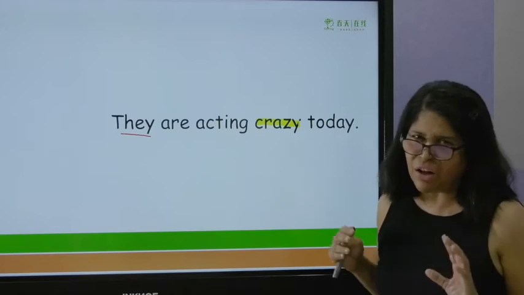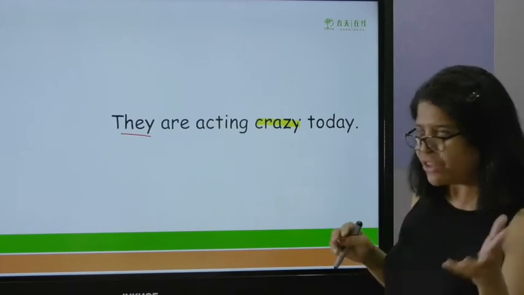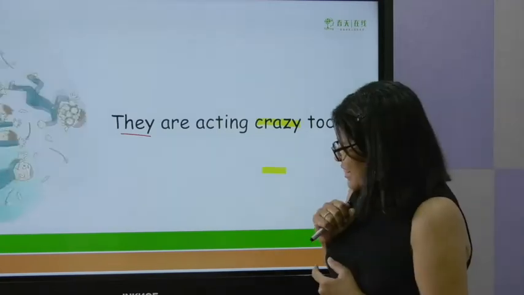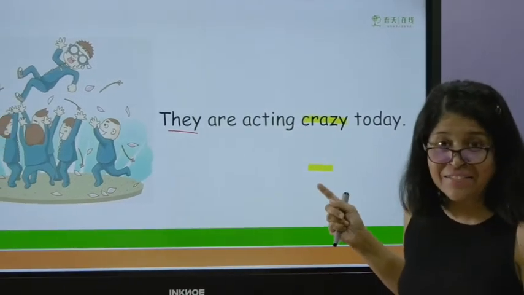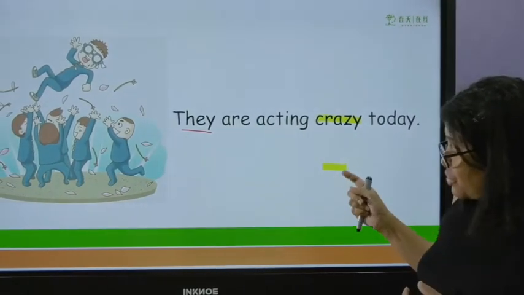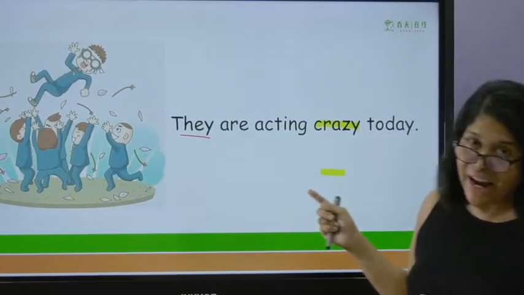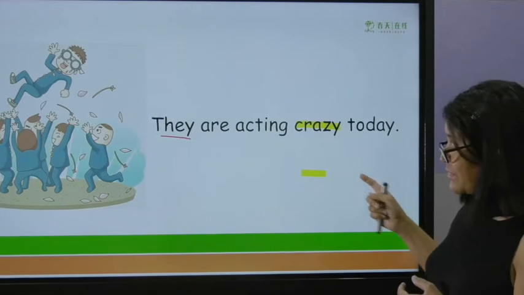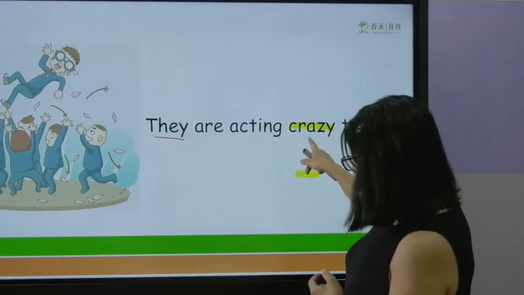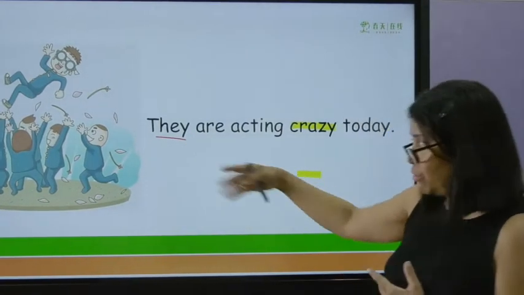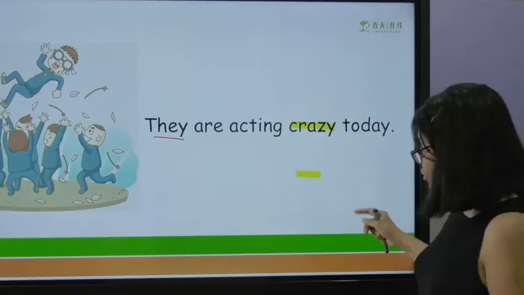All right, crazy can be a lot of things, right? But let's have a picture there to show you what it could be. There we go. Do they look like they're crazy? Yes, I don't think you see grown-up people like that in suits doing things like that. So they are acting crazy. Okay, that's interesting. So we have crazy describing people who do that sort of things. Maybe once in a while you do such things.